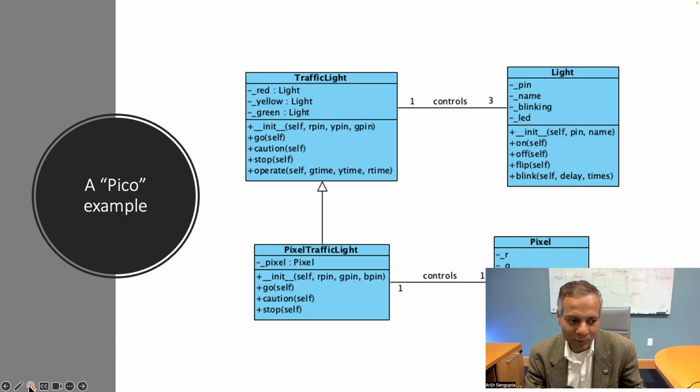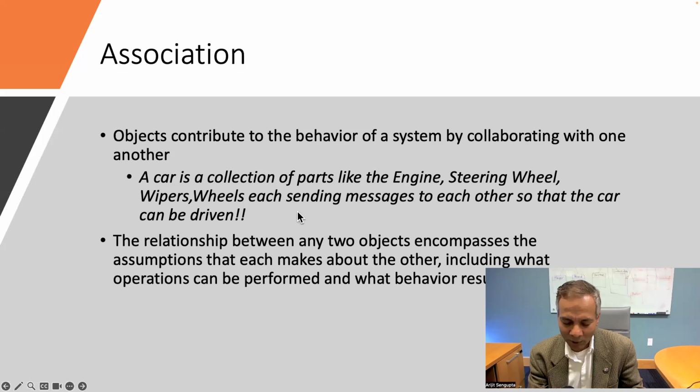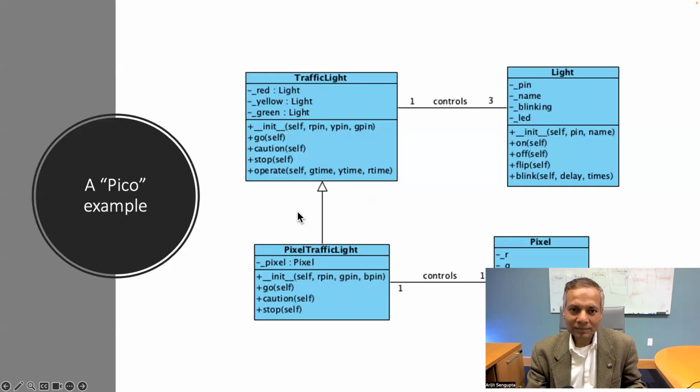Those two were the most important, and these are the ones that we basically worked on. However, there were other classes that were also involved. We talked about the light class. Each of the lights in the traffic light was actually an instance, an object of the light class type.